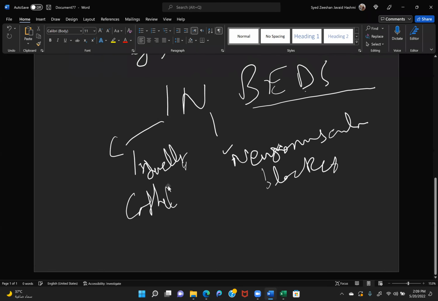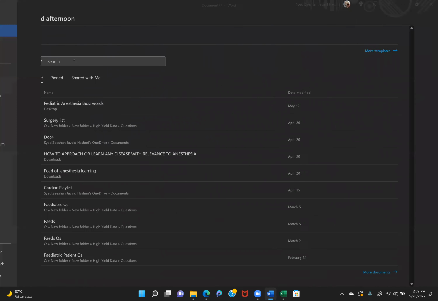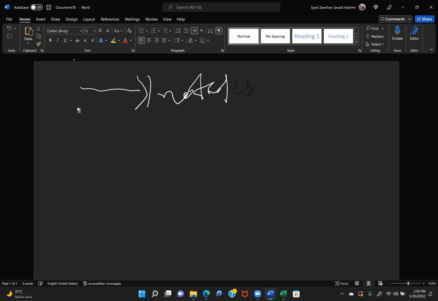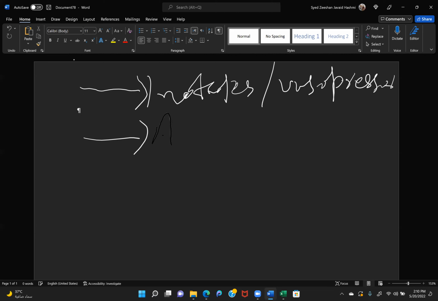Anyways, if you know this, the rest of the things actually become very, very simple, believe me. Because if we just go in another way, what are the usual medications the patients are taking in ICU? For example, inotropes or vasopressors for hemodynamic support. Another thing is antibiotics.